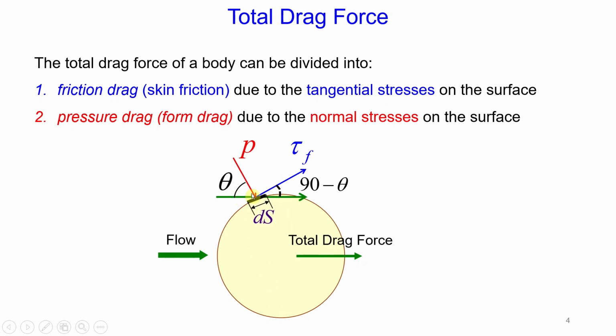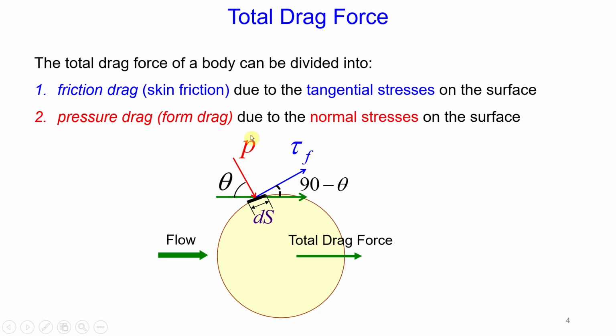Depending on conditions, one component, for example friction drag, can be negligible. And the key contributor to the total drag would be only the pressure drag. And this depends on the conditions, or depends on flow-structure interactions.